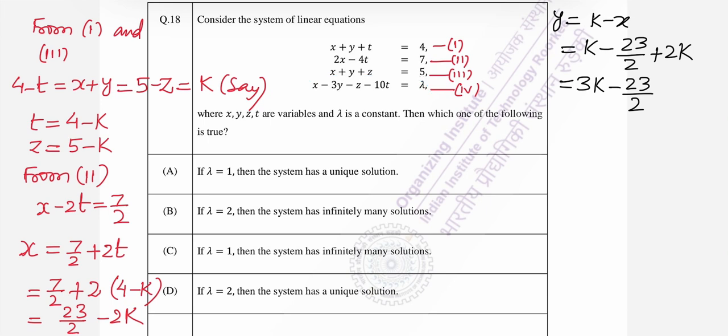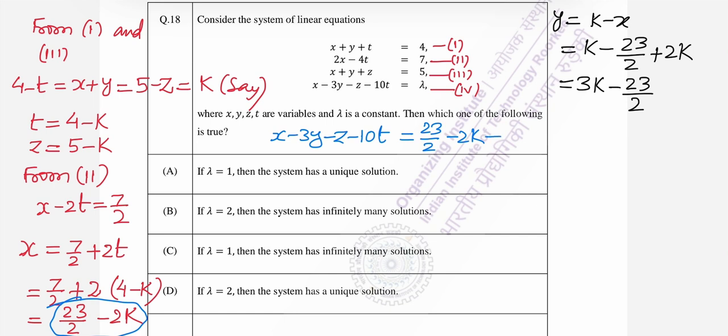In this equation, the left hand side is x minus 3y minus z minus 10t. Okay, and our x is 23 by 2 minus 2k.